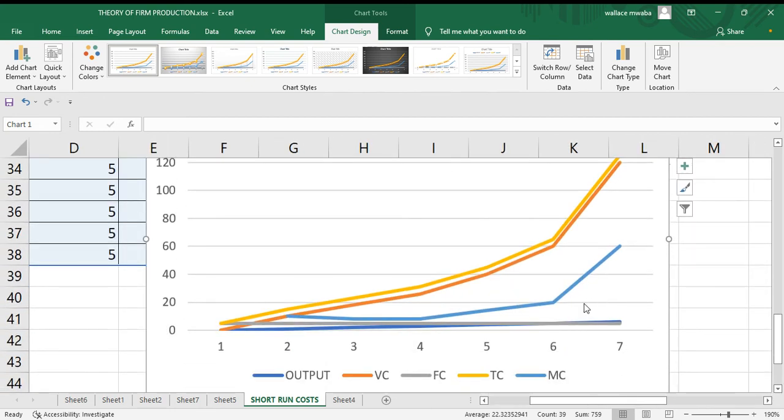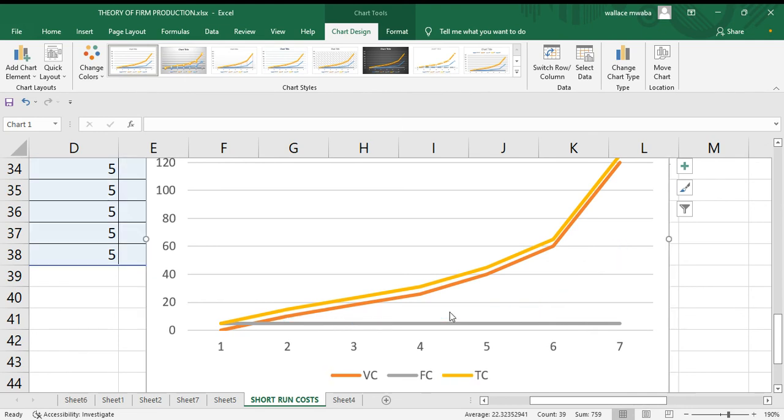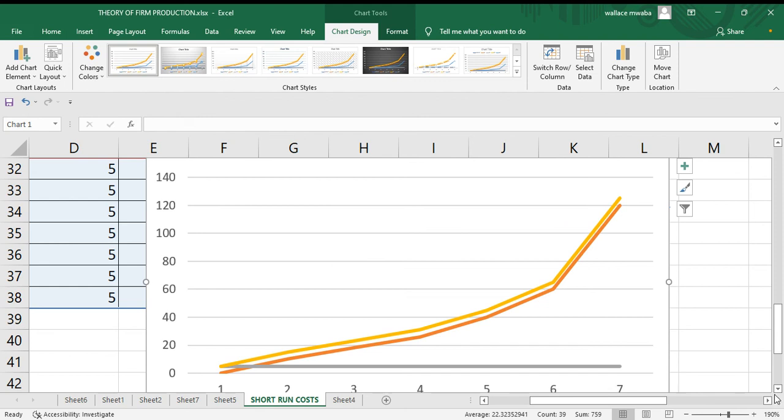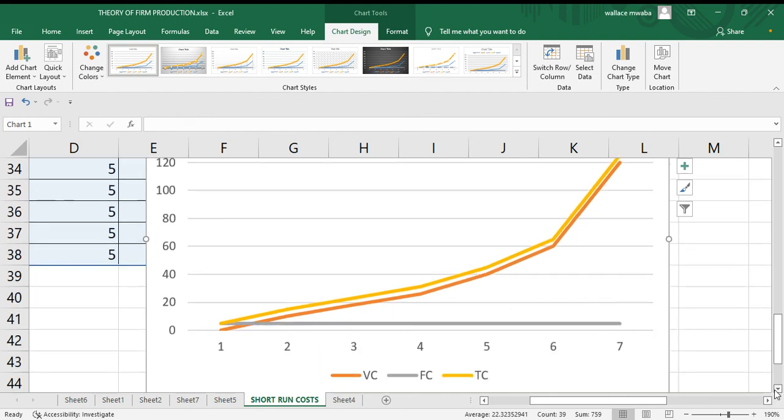We do not need this line for output. And first, let's focus on the total cost, fixed cost, and the variable cost.